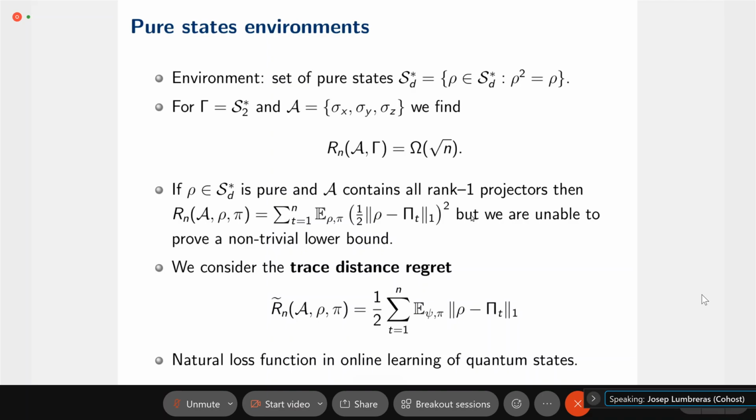But here we are unable to prove a non-trivial lower bound in this case. So for this case of pure state environments and all rank 1 projectors as the action set, we consider the trace distance regret. It's the sum from 1 to n of the expectation value of the trace distance between the unknown quantum state and the action. So here there is no square.